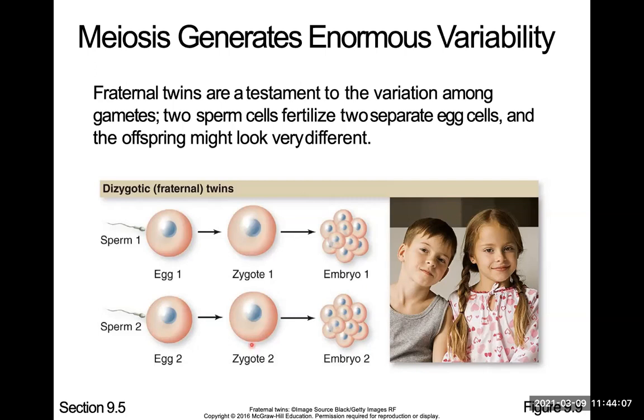So in this case, they're gonna have variation because a different sperm is going to fertilize this egg, and a different sperm is going to fertilize this egg. This sperm has a different combination of genes compared to this sperm. So because they went through random assortment, the twins, they're going to look different. They might look very different. So this is, one zygote makes one embryo, the other zygote makes the second embryo.